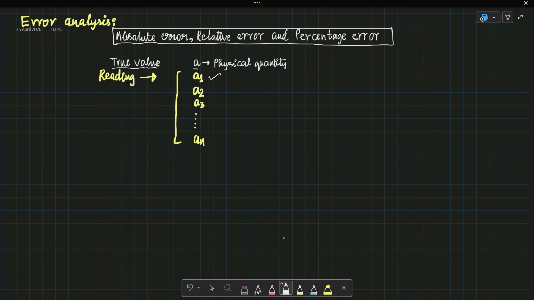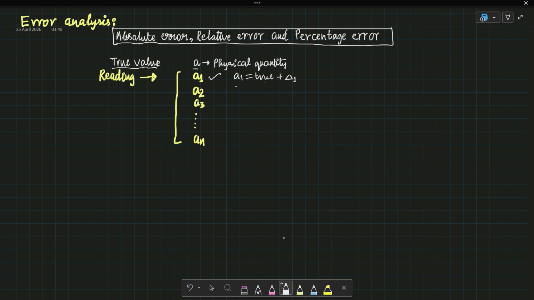In the first measurement, the reading comes out to be A1, and we are very sure that this is not the true value because there will be some error. So it is quite possible that A1 is the true value plus something.